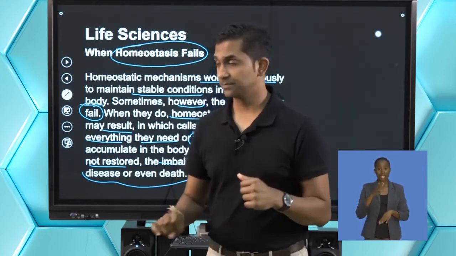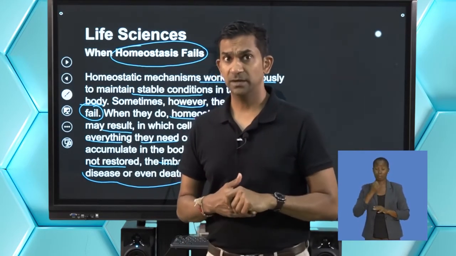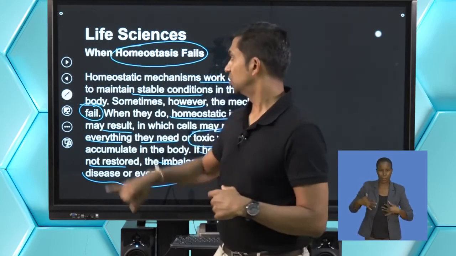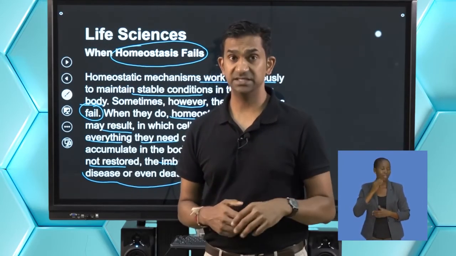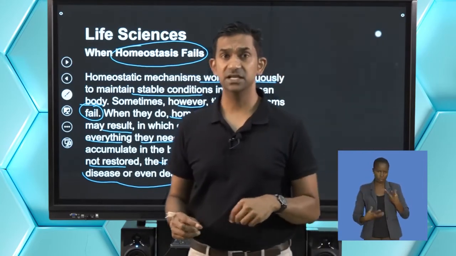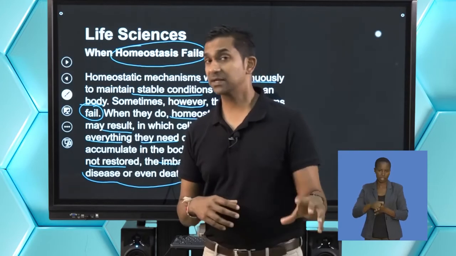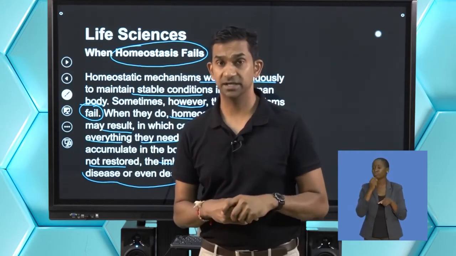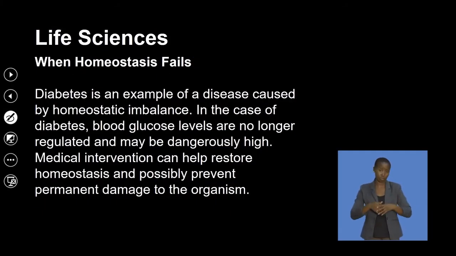We know that if you have a diet that's excessively high in sugar, at some point as you age, you have an increased tendency to develop a condition known as diabetes mellitus. That is essentially when homeostasis fails, because the body now cannot control the blood sugar levels. And that comes with a whole lot of other complications. So that's homeostasis failing, and an example of that which we discuss now is diabetes.